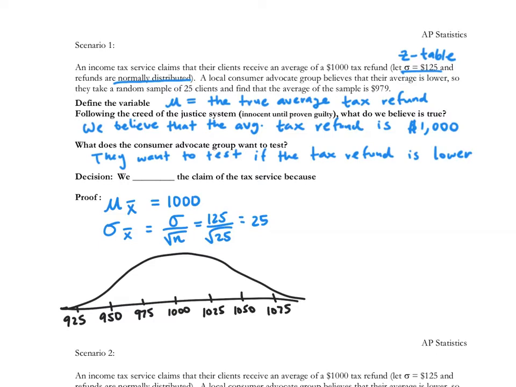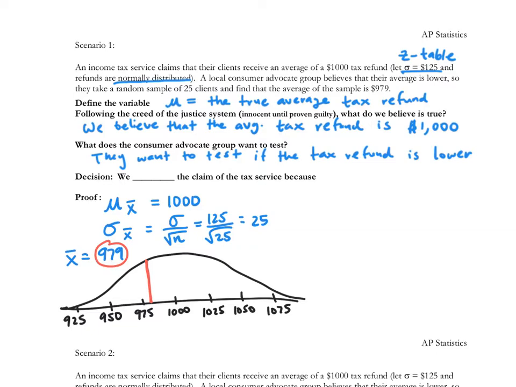And we also know that from the sample that we got, what was the average tax return? I think it was $979. So do we agree that 979 is maybe about here? This red mark is where 979 is.